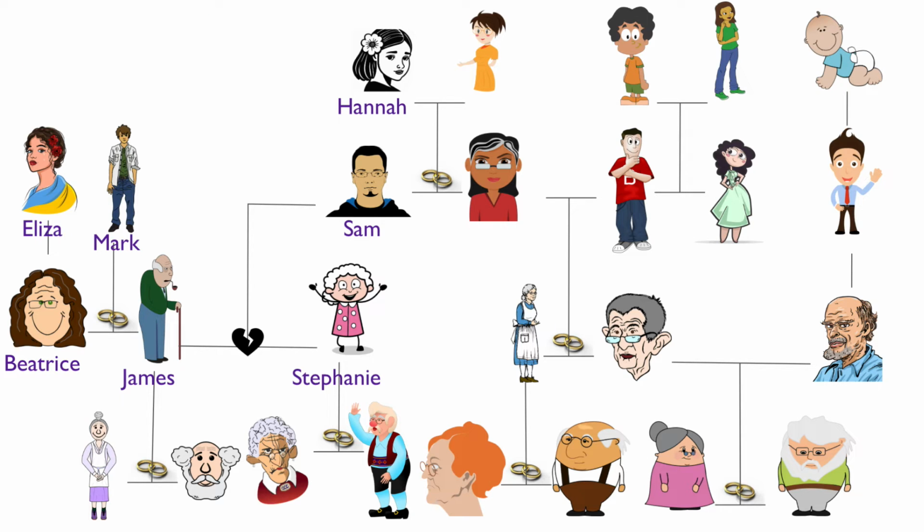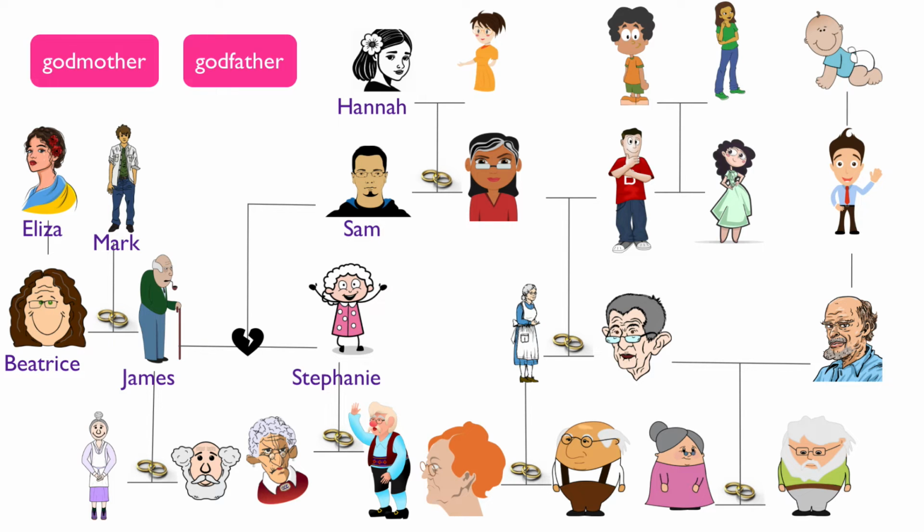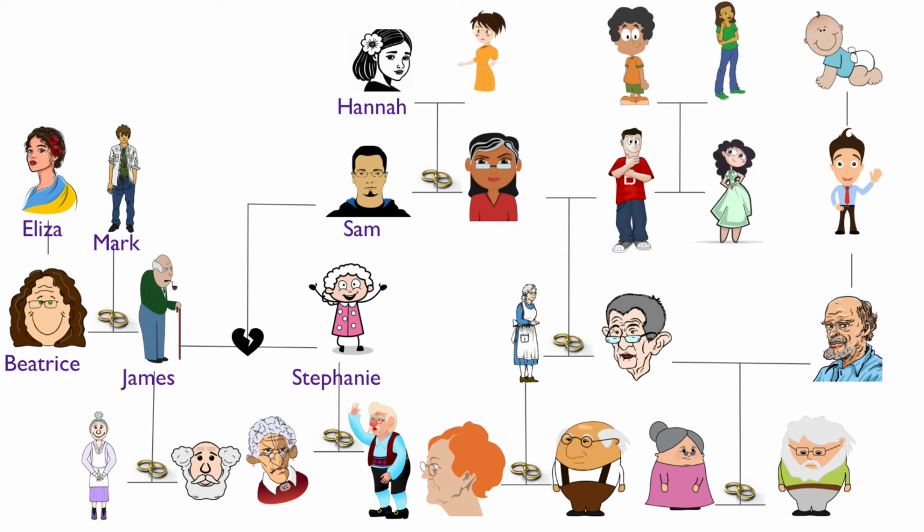He has chosen Stephanie to be the godmother and Sam to be the godfather. They would then refer to Mark as their godson, or, if it were a girl, goddaughter. Luckily, all of them get on very well, despite Sam's parents' divorce. There's no bad blood between them.